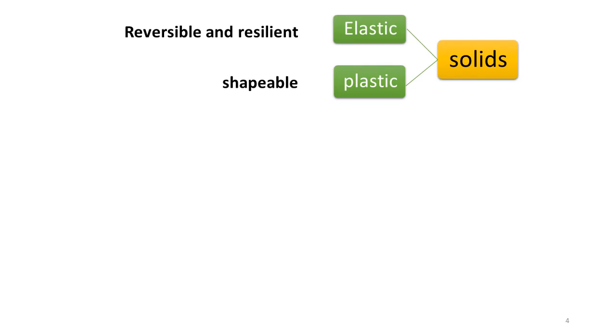Here we want to focus on vessels' function and their behavior under different situations. If we imagine a vessel as a solid, solids are divided into two categories, elastic and plastic. Plastic solids are shapeable, like iron or wood, and the change of their shape is not reversible.